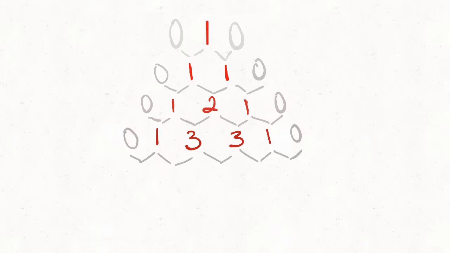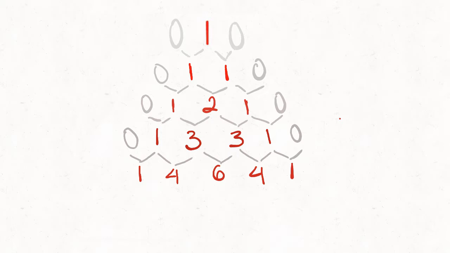And then in the next row, it goes 0 plus 1 is 1, 1 plus 3 is 4, 3 plus 3 is 6, 3 plus 1 is 4, and 1 plus 0 is 1. We can continue to infinity, but just use the relevant rows that you need.